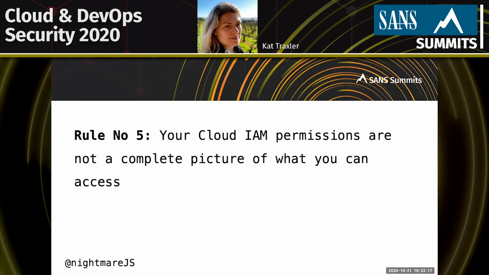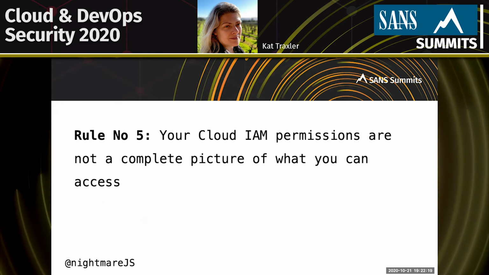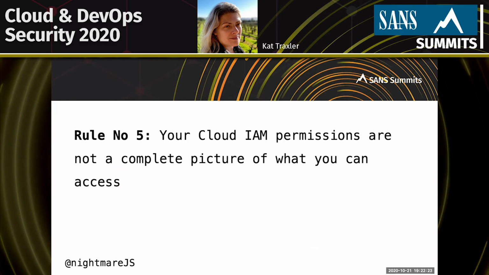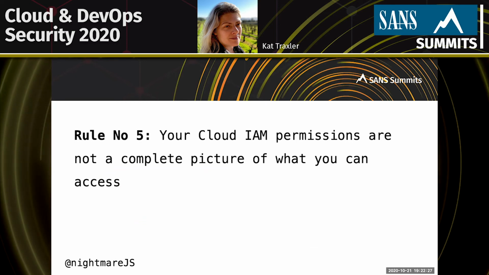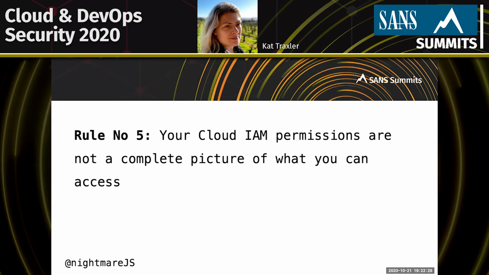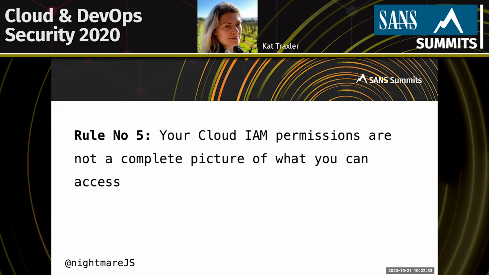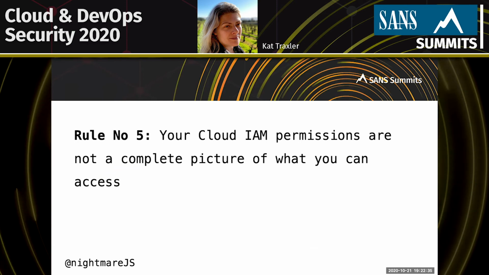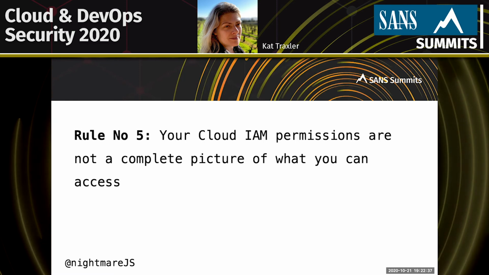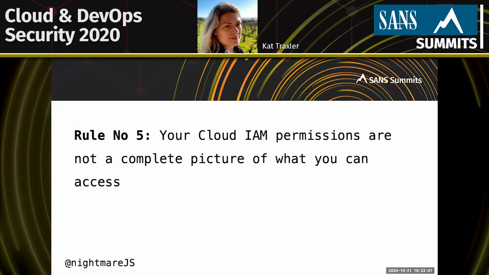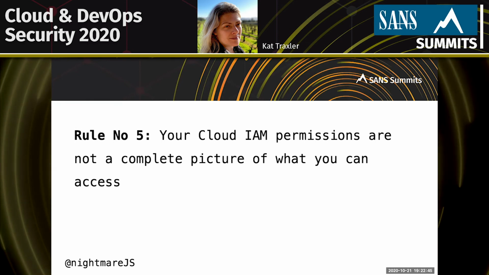Which brings me to my rule number 5, my understatement of this entire talk, which is: your cloud IAM roles are not a complete picture of what you can access. If you follow the impersonation role bindings in your GCP org, you can outline a known paved path for lateral movement, a path for obtaining additional permissions through the ability of impersonation.